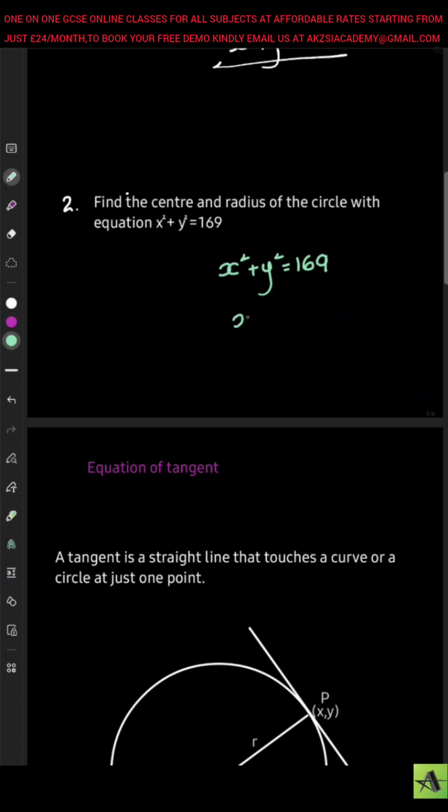So I can write it as x squared plus y squared equals 13 squared, which clearly gives me the idea that r equals 13. If I compare it with the standard equation x squared plus y squared equals r squared, your r is 13. And the center is obviously 0, 0.